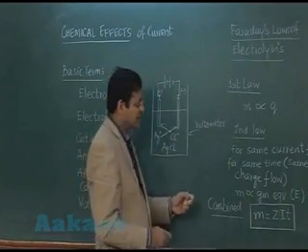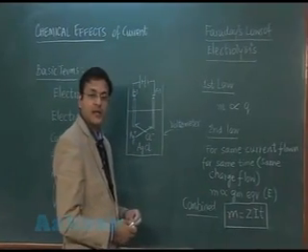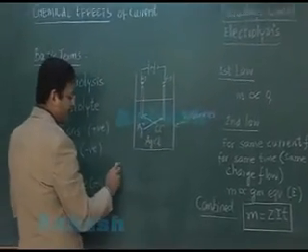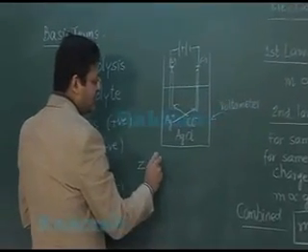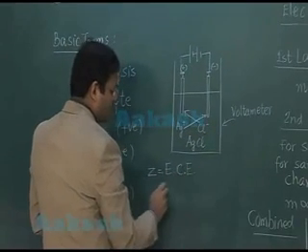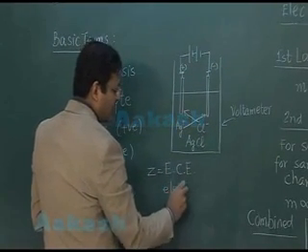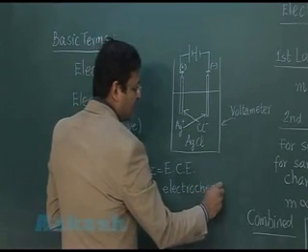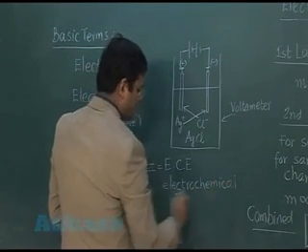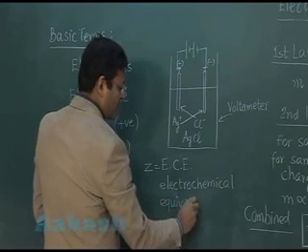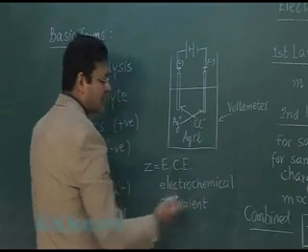In a combined manner, this equation is m is equal to zit, where z stands for, हम इसको ECE भी कहते हैं. ECE stands for electrochemical equivalent. क्या मतलब है इसका?